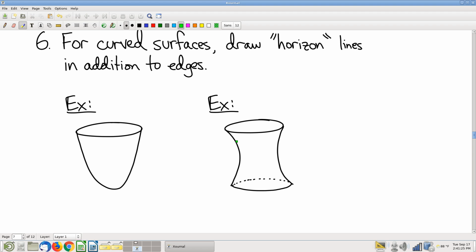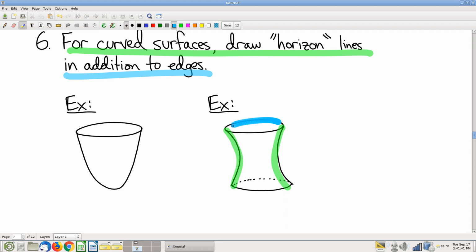Now, so again, this is a horizon line. So there's nothing actually happening there. It's not an edge. That's just where the surface appears to kind of disappear behind itself, whereas edges are there and there. Okay.